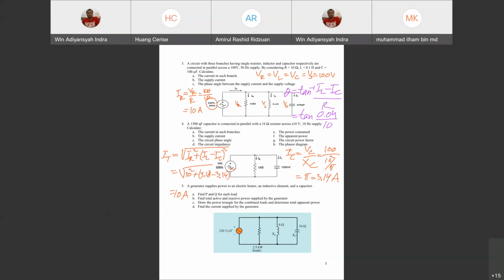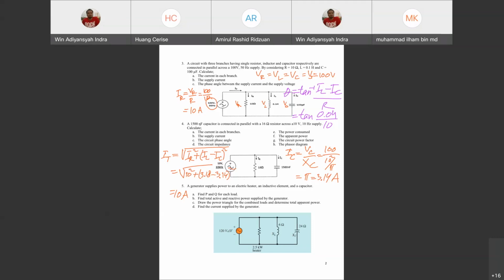Can someone find what is the value here, the angle? Okay, you find it by yourself.